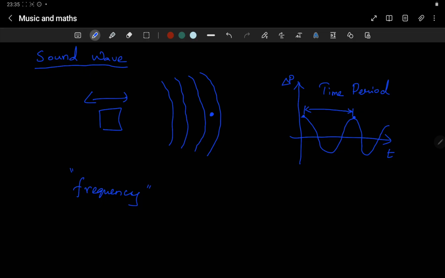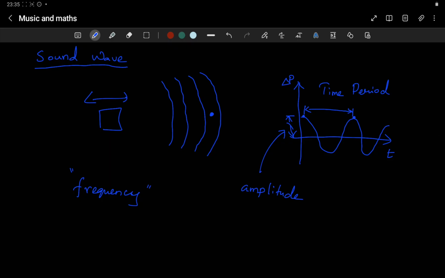One more thing I want you guys to notice is this height. This height is called amplitude.